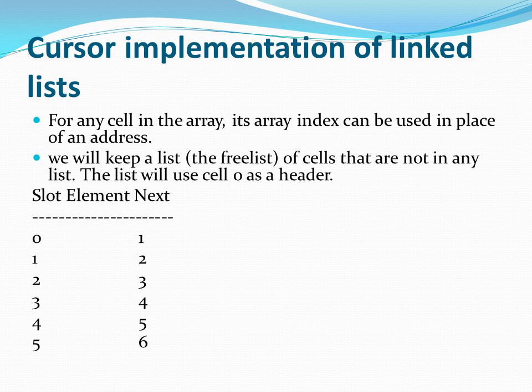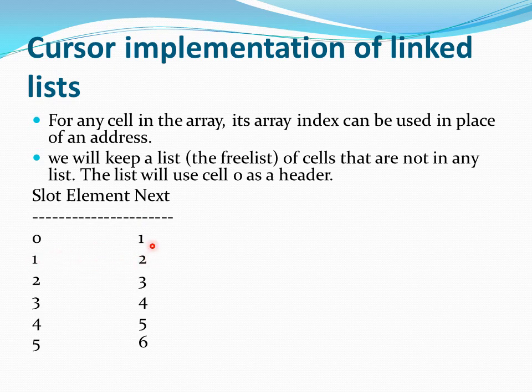And this is an empty list. Element field, no element. The first field next holds 1, means 1 is empty.